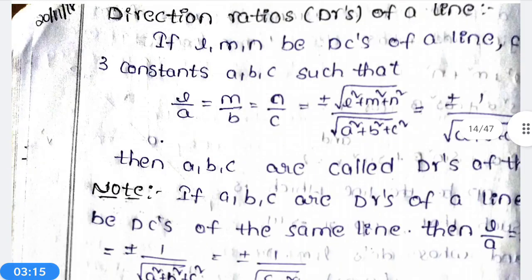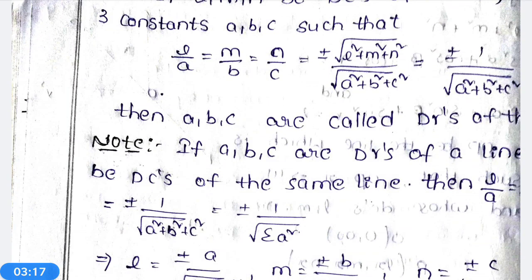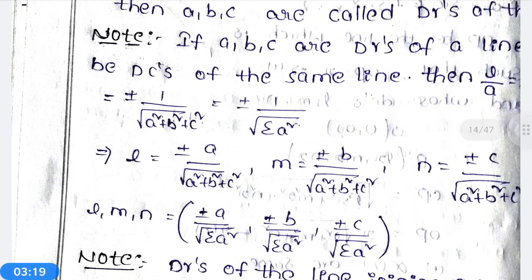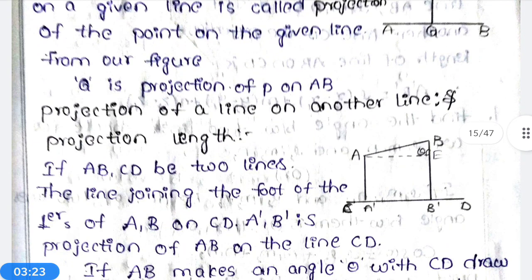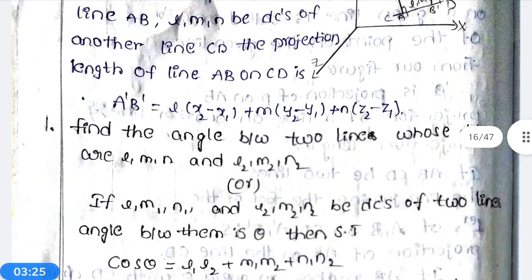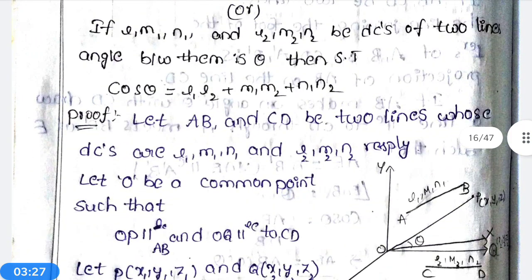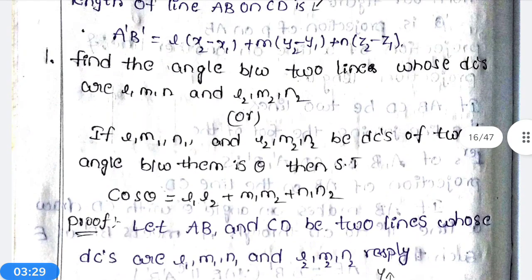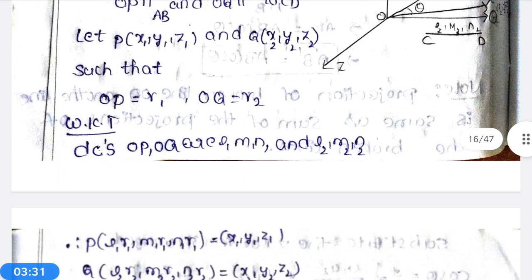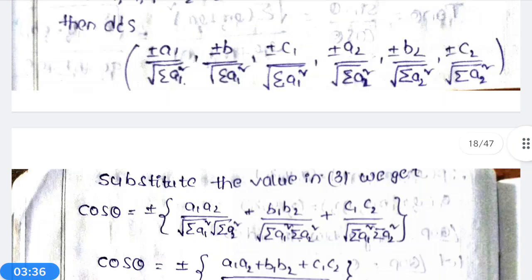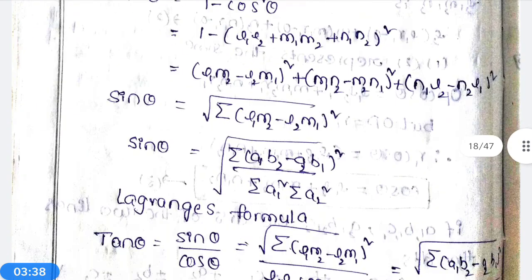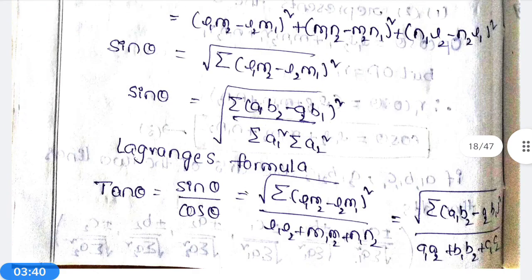The projection of a line joining (x1, y1, z1) and (x2, y2, z2) on another line whose DCs are l, m, n is l into (x2 minus x1) plus m into (y2 minus y1) plus n into (z2 minus z1).